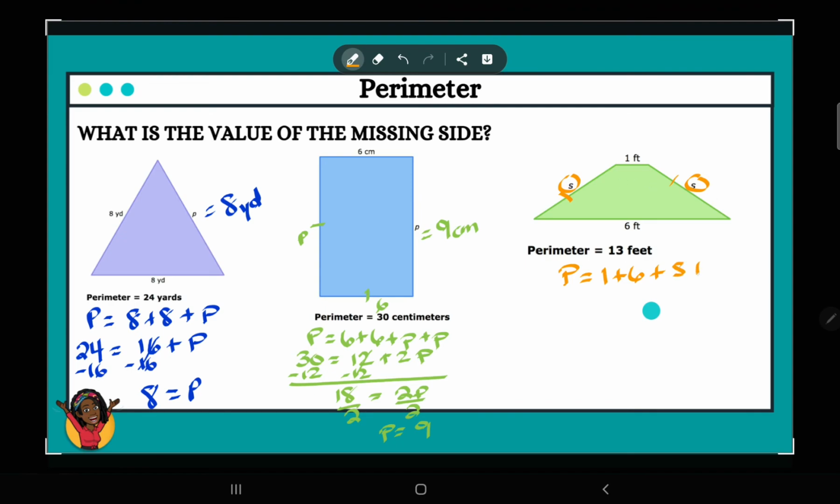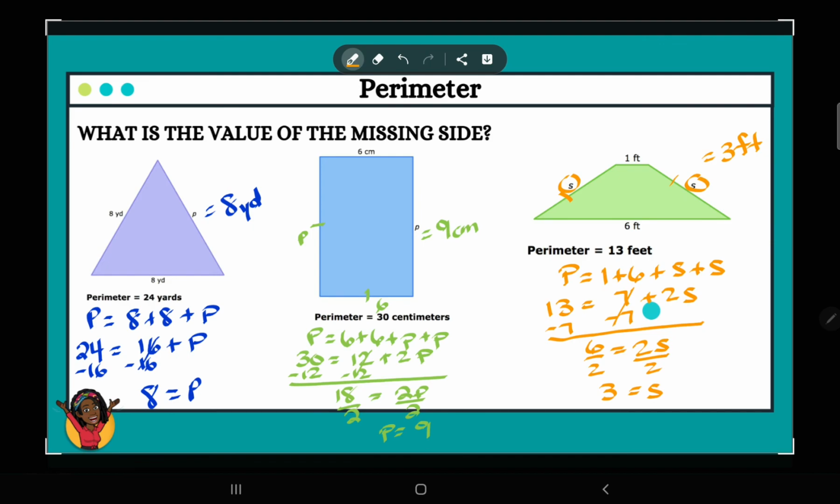So this would be S plus S, and the perimeter is 13, so I'm going to replace that with the number 13. 1 plus 6 is 7, S plus S is 2S, and now I'm going to use my inverse operation to get my variable by itself. So I have now 2S is equal to 6. I divide both sides by 2. I find that S is 3. So my S is equal to 3 feet.